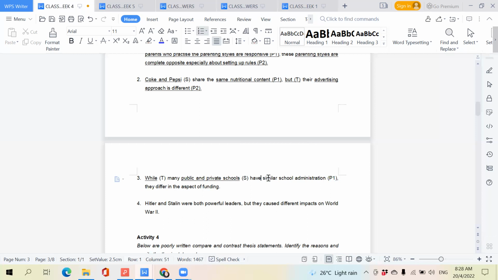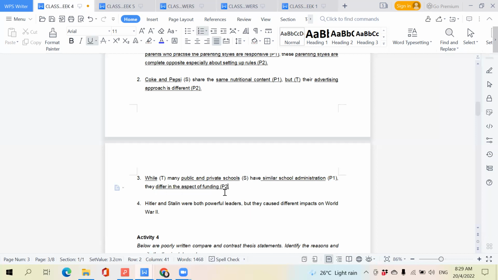So this is your P1, similar school administration. And next, differ in the aspect of funding, and this will be your P2. It's not that difficult.